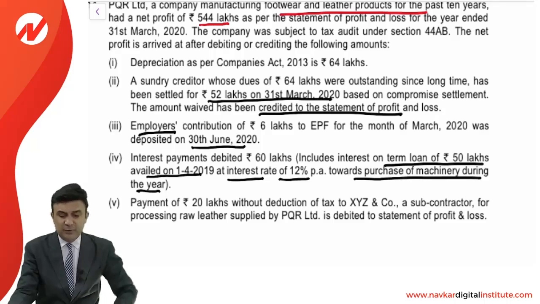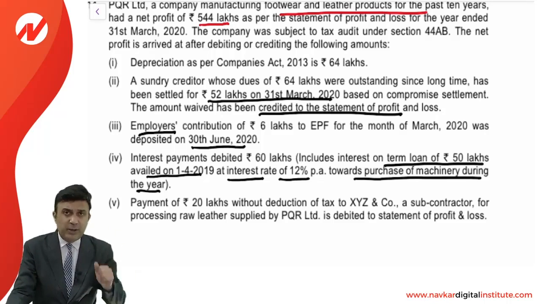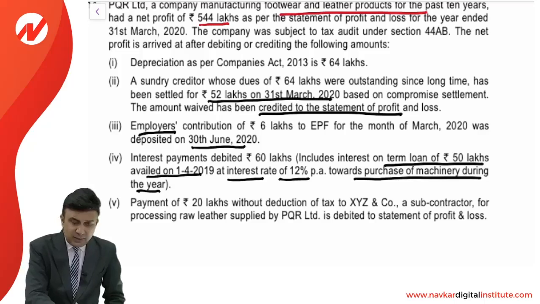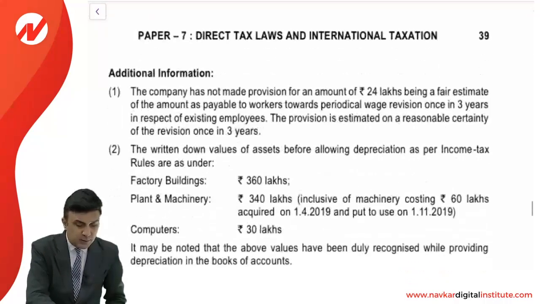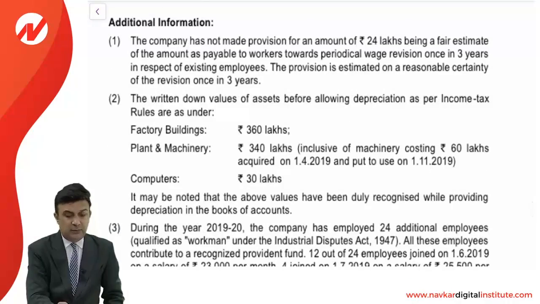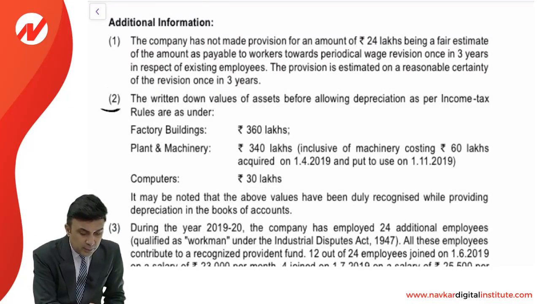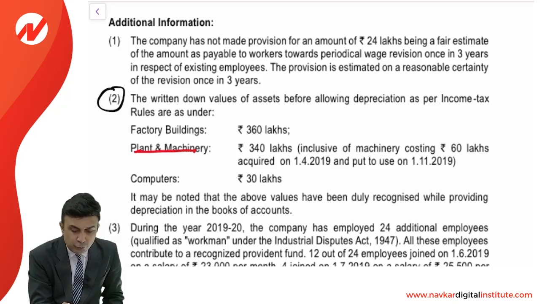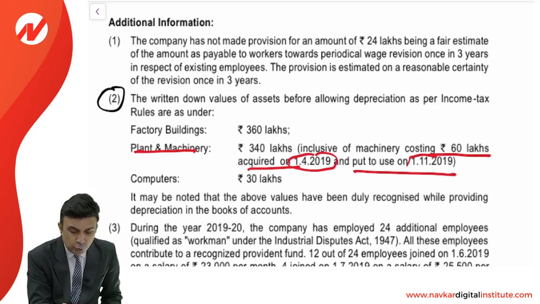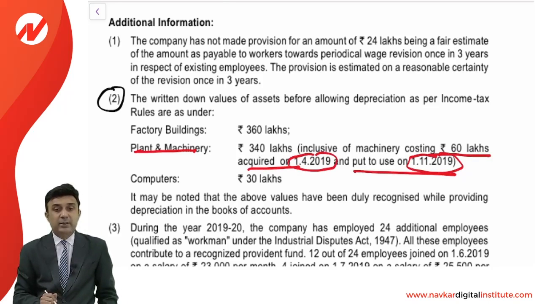And for plant machinery, your interest is on 50 lakh at the rate of 12% for the full year, 6 lakh rupees. Loan must have been taken on 1/4/19. Let us check out, do we have any other information related to plant machinery? Yes. You are given in information number 2 that plant machinery 340 lakh is inclusive of machinery costing 60 lakh acquired on 1/4/19 but put to use on 1/11/19.